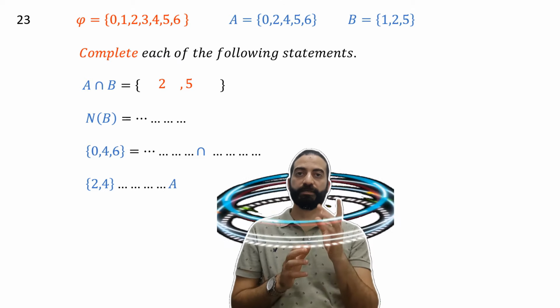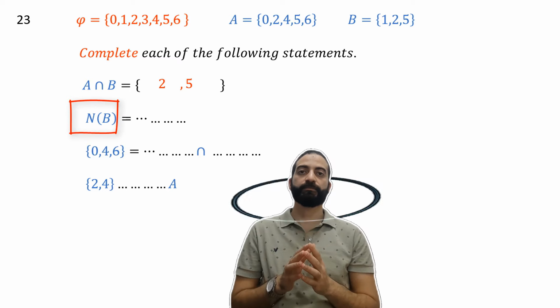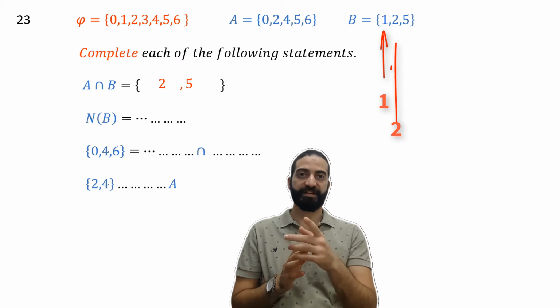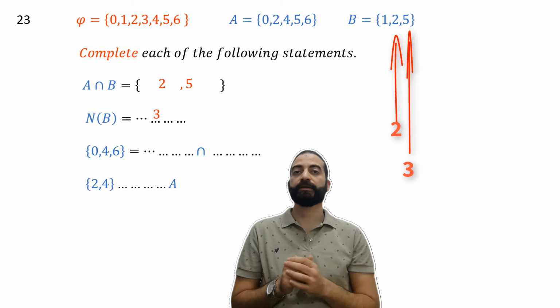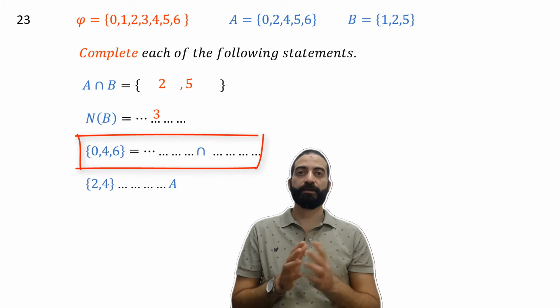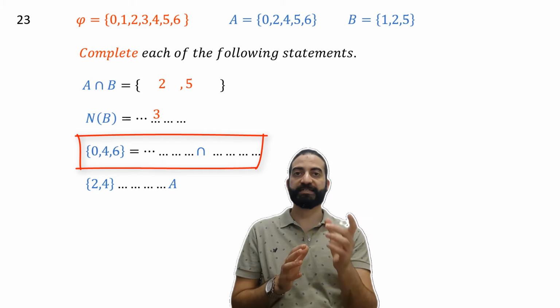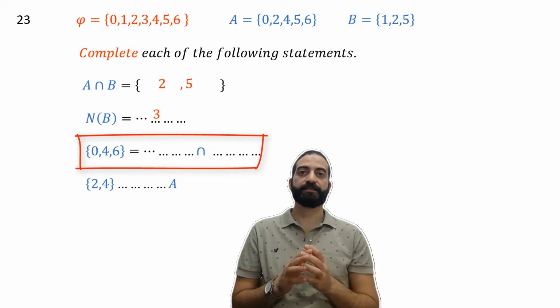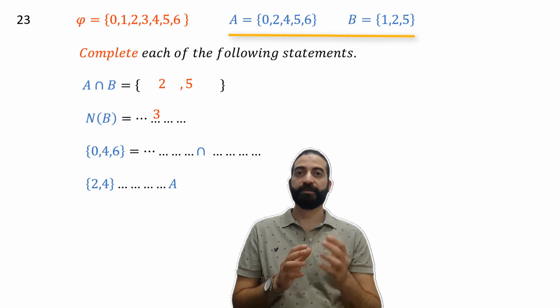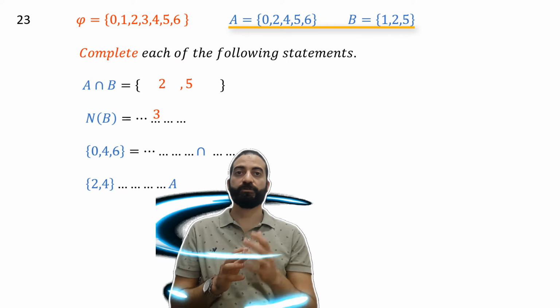Now we are required to get the number of elements of B. 1, 2, 3. The number of elements of B equals 3. We now come here. We are required to find the intersection between two sets through which we get 0, 4, 6. A intersection B is not 0, 4, 6.